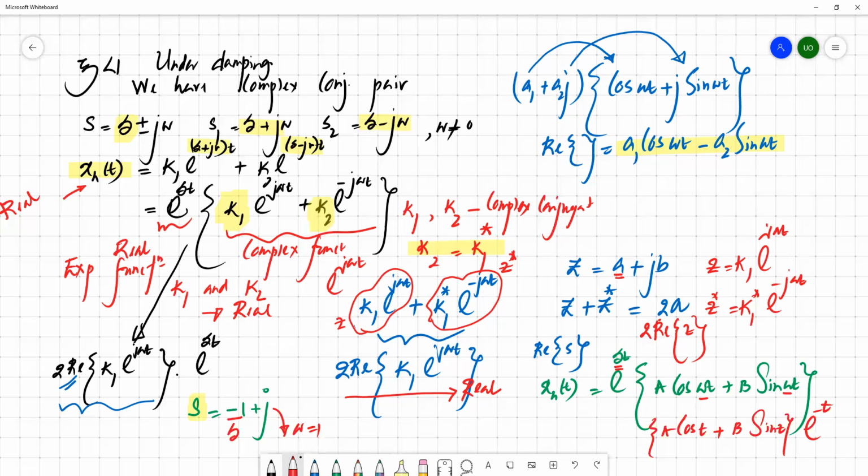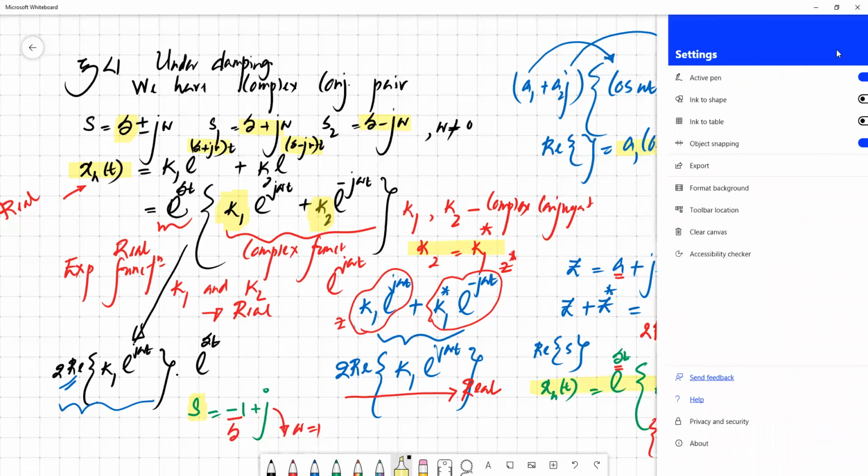Again, you need to find a and b, which are unknown constants, so you can substitute the initial conditions and get the response. Okay, so this is the natural response for the underdamped case, where zeta less than 1 ends up with these complex conjugate roots. This is the second scenario.